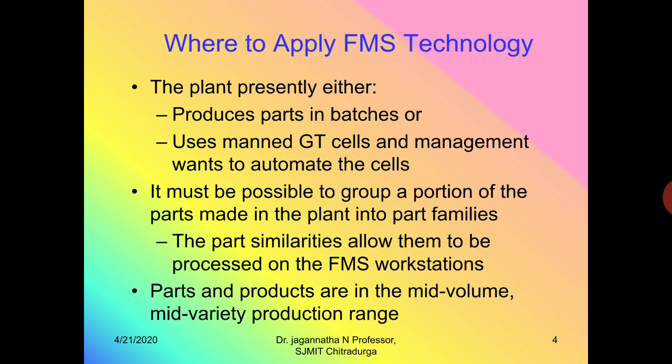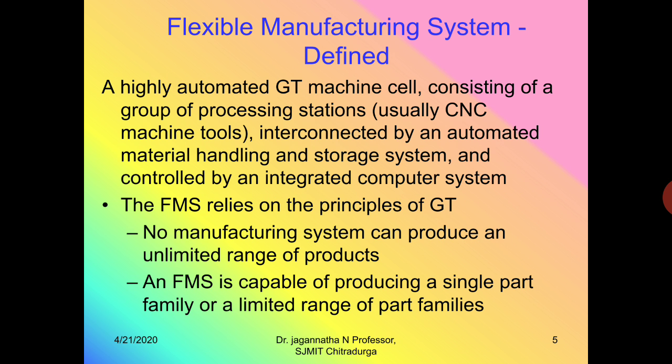In these cases, the plant presently either produces parts in batches or uses a manually managed group technology cell, and management wants to automate the cell. And wherever it is possible to group a portion of the parts made in the plant into part families. A flexible manufacturing system can be defined as a highly automated group technology machine cell consisting of a group of processing stations interconnected by an automated material handling and storage system and controlled by an integrated computer system.